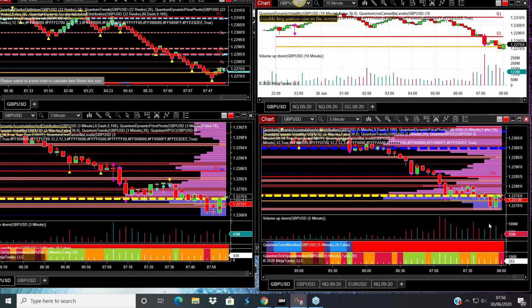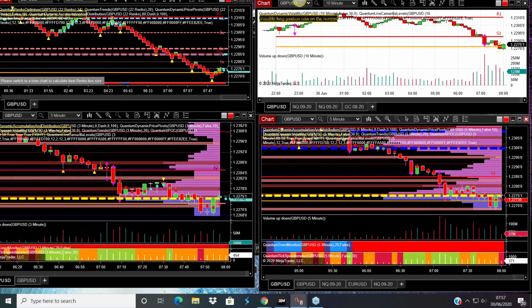And we'll look at investing.com, and we'll look at the implied volatility for the British pound, and we'll also look at some volatility data that is available on investing.com.